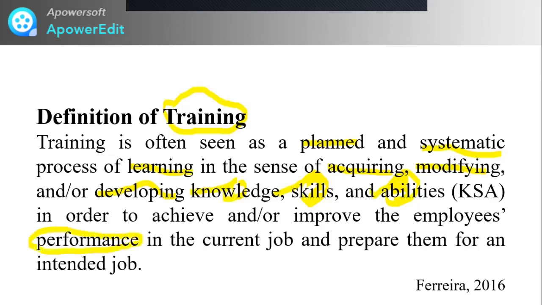Under the training program, we try to acquire, modify, and develop employee knowledge, skills, and abilities for the purpose of improving employee performance.